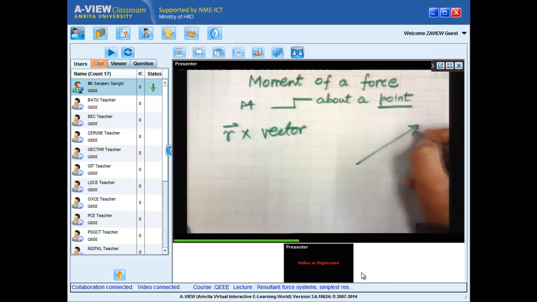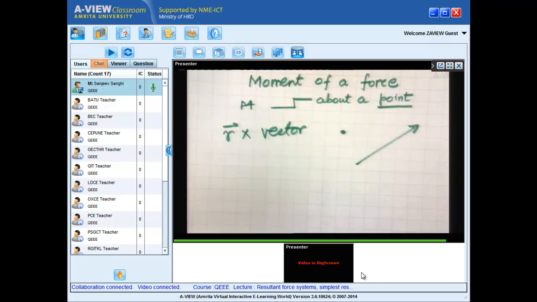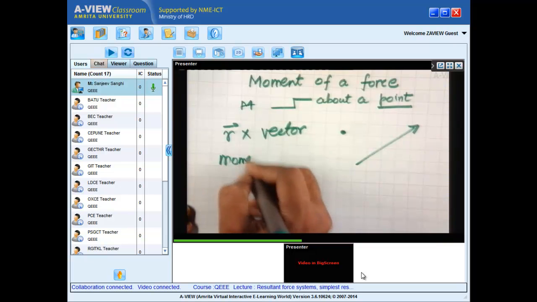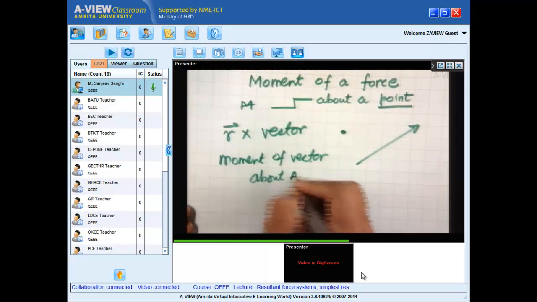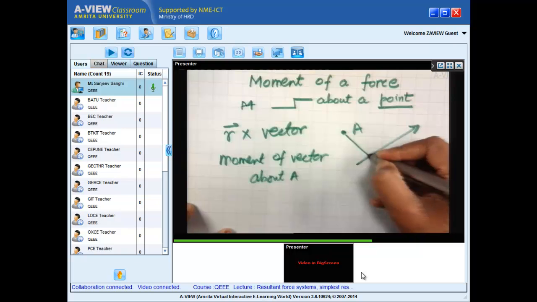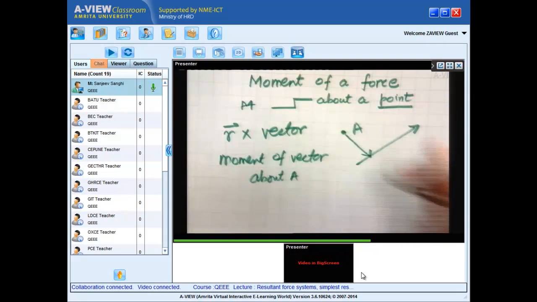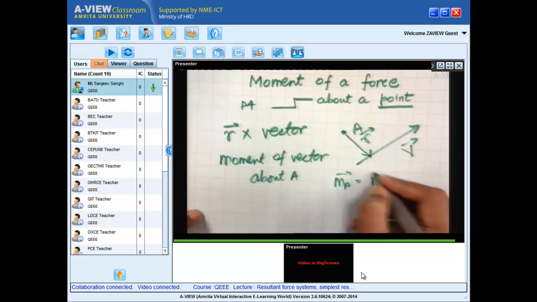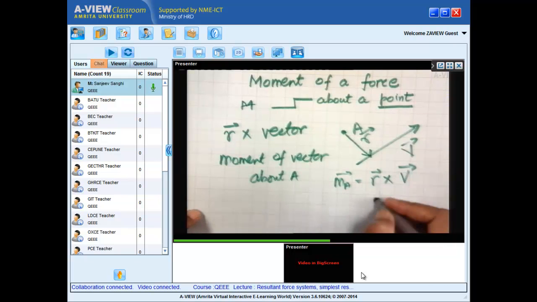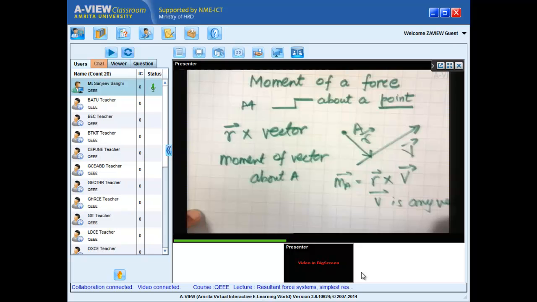If there's a particular vector, there's a particular point, and you want to find moment of the vector about a point A, then you draw a vector from the point A to the line of action of this vector V. If this is r, then moment about A is equal to r cross V, where V is any vector. So this is how one defines moment of a force. If V happens to be a force, we talk of moment of a force.